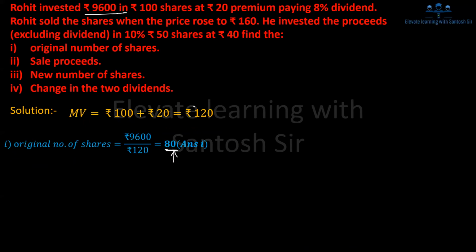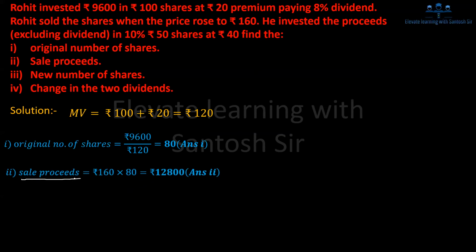So we can come to know that original number of shares is 80. Now sale proceed. When he sold the share, the market value was rupees 160. He has 80 shares and he sells them when the price is rupees 160. So how much money will he get?